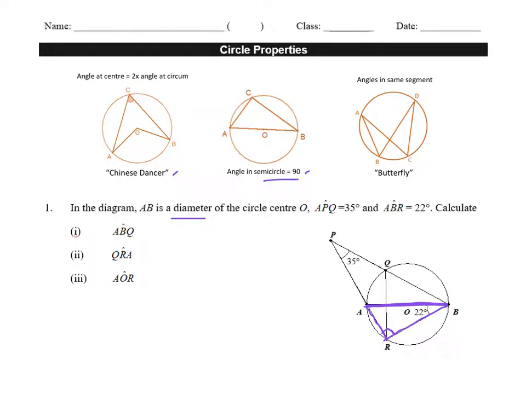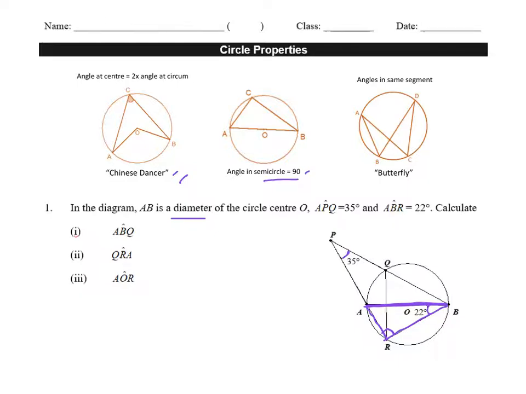Next, they tell me I have APQ is 35 degrees, ABR is 22 degrees. Let's take a look at all the different properties that we have. Other than the angle in the semicircle, do you see any Chinese dancer? Not at the moment.